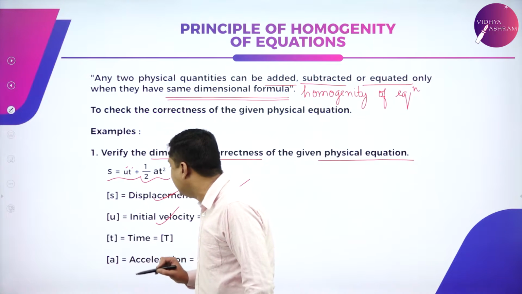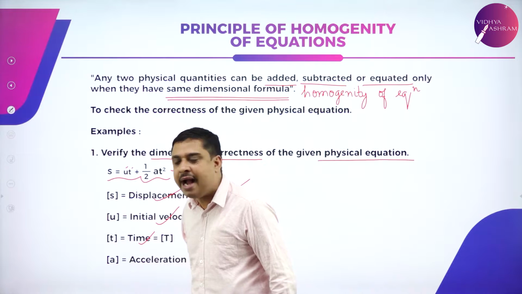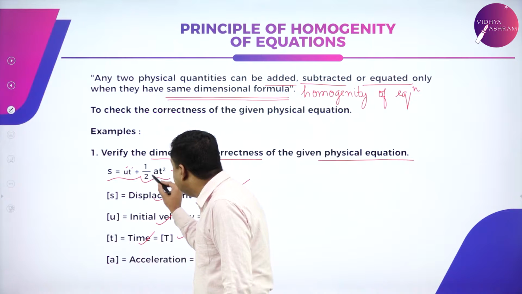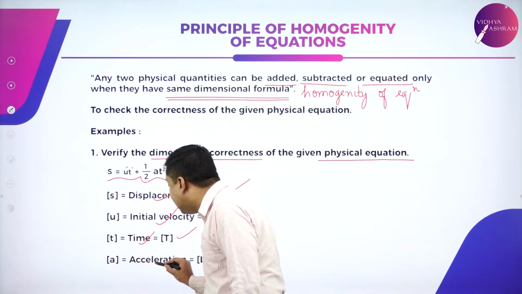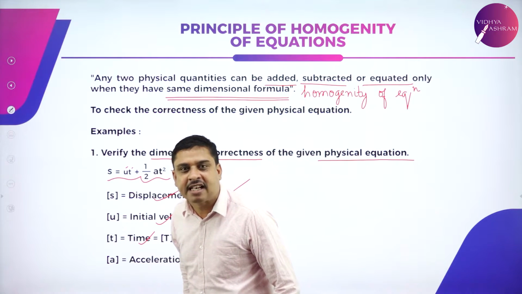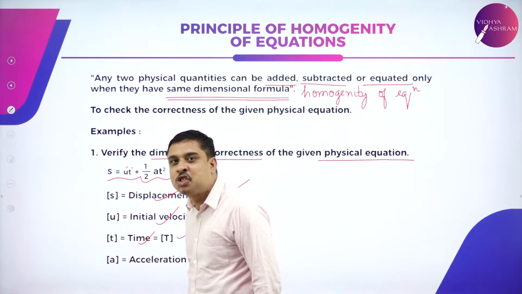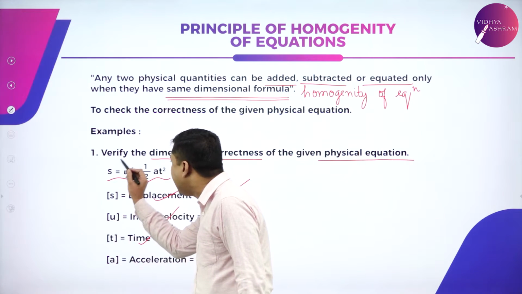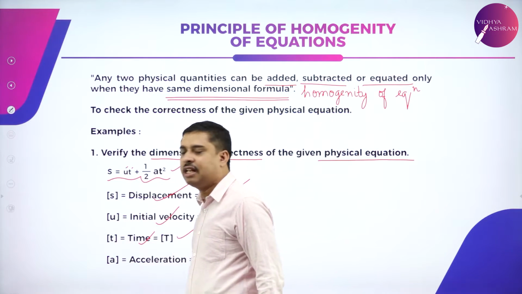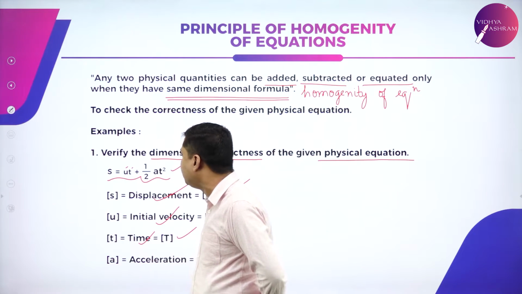Next term, T, time. Basic fundamental quantity, dimensions is T. A, acceleration. Do you recall the dimensions of acceleration? Yes. LT minus 2. So I have explained all the terms in this equation with their dimensional formula.